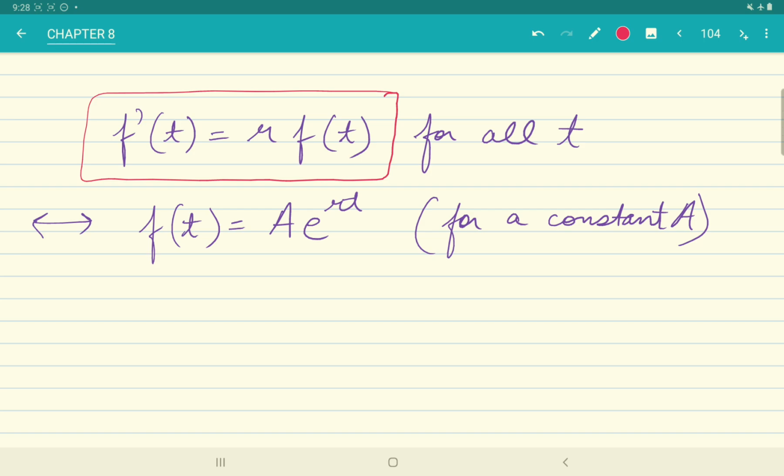And if we have a constant relative rate of increase of the population, if we have a constant per capita rate of increase of the population, if f prime t divided by f of t is a constant r, this actually implies this, and that means the population, so f of t is nothing but the number of individuals in the population at time t, is growing exponentially, because that is equal to a e raised to the power rt. So there is an exponential growth of the population.